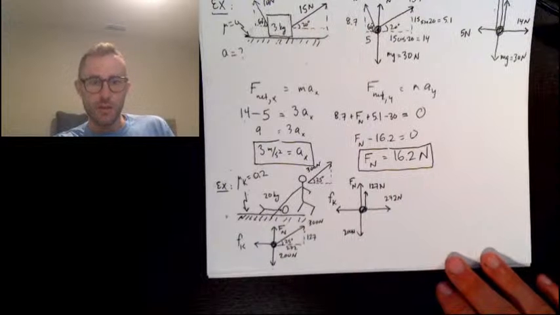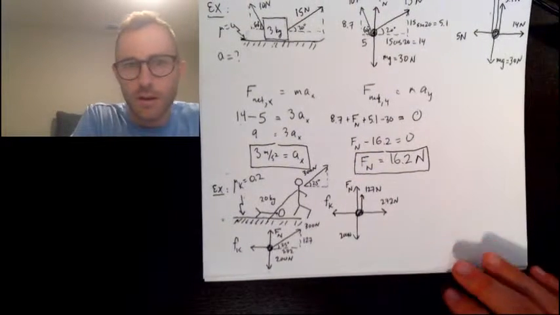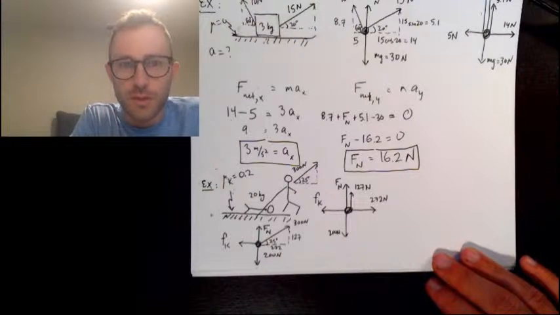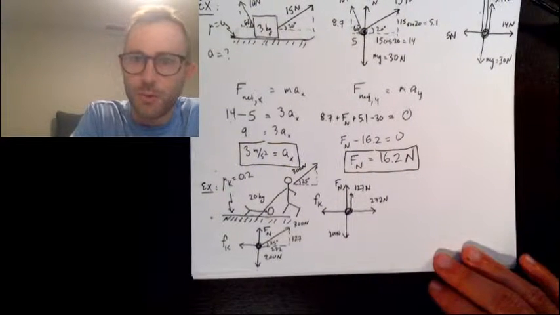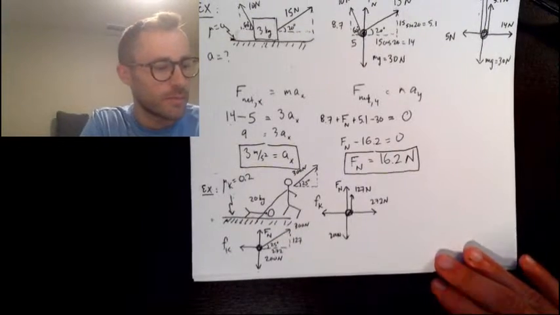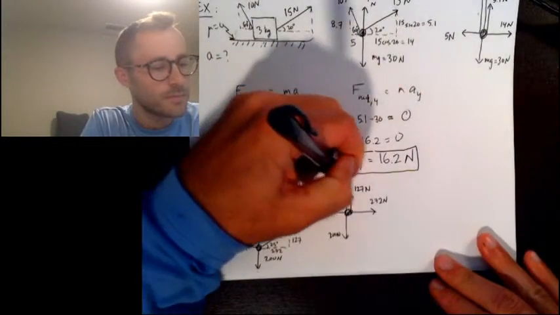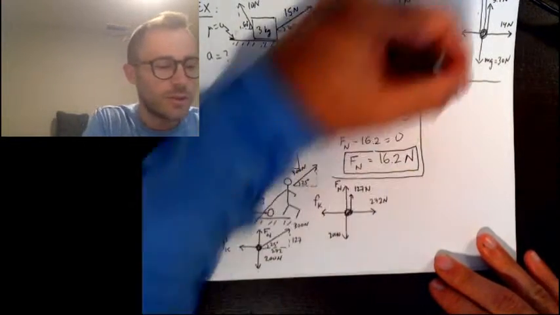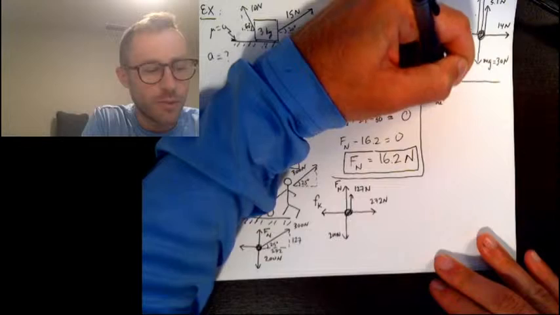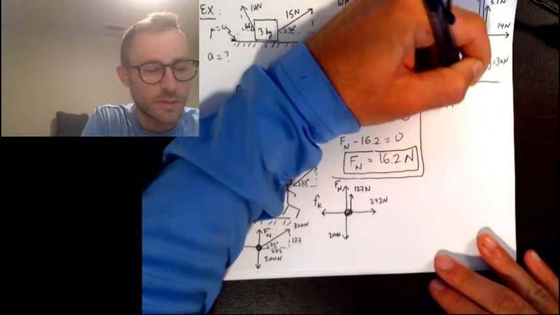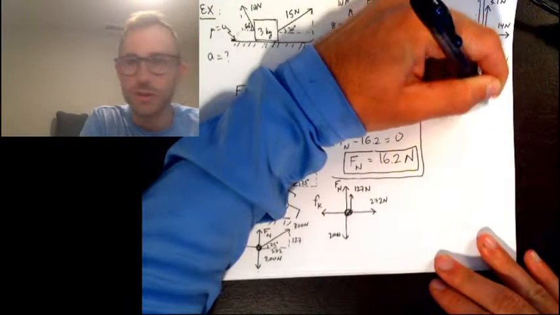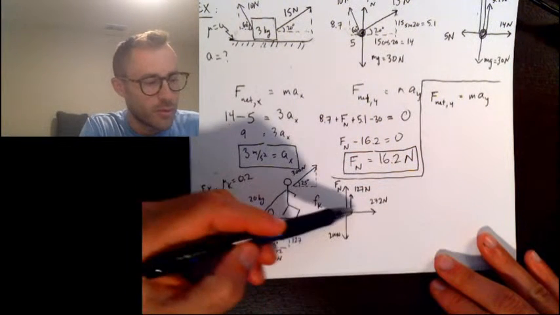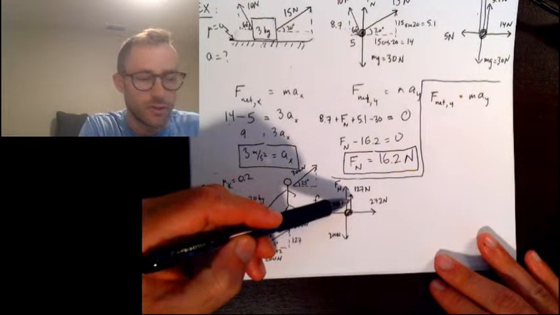So who can type into the chat, what is the net force in the y direction? It's going to be up forces minus down forces. The net force in the y direction is m times the acceleration in the y direction. Now, the upward force here is only 127 newtons.